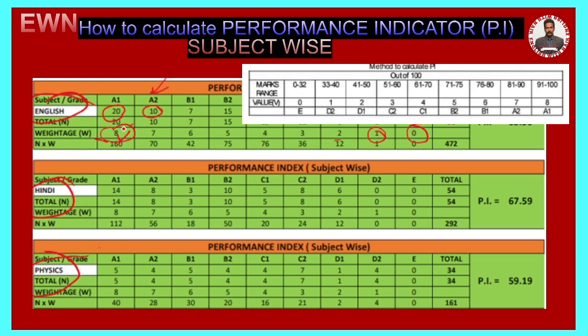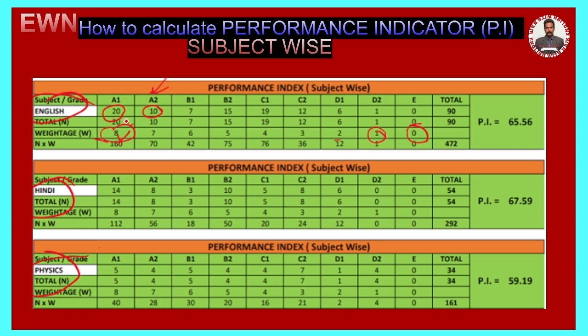Now N into W, that is, the number of students who got A1 into 8. The total means how many students got B1, weightage 7, and 15 students got B2, weightage 5. So the number of students into weightage, multiply that and write below.